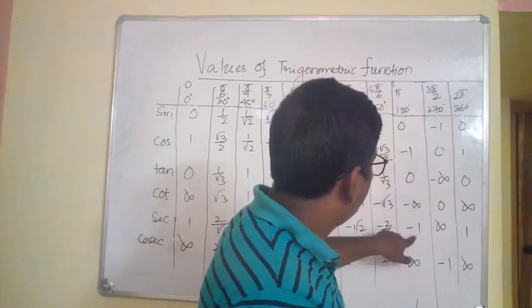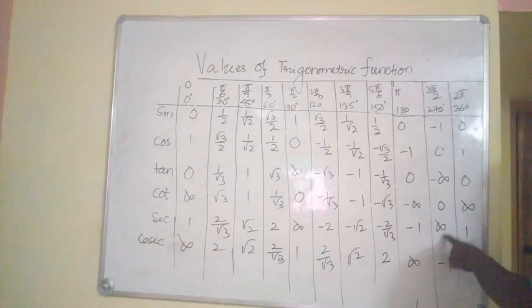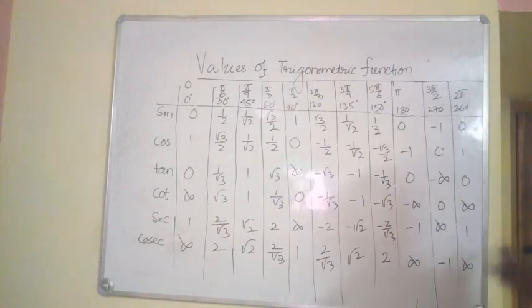At 180 it is minus 1, and at 270 the reciprocal of 0 is infinity, and at 360 it is 1.